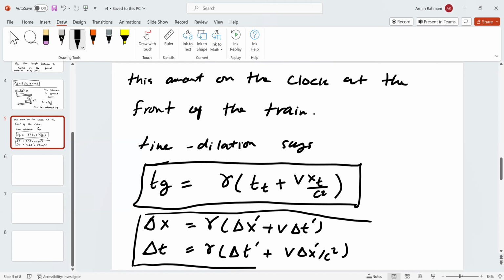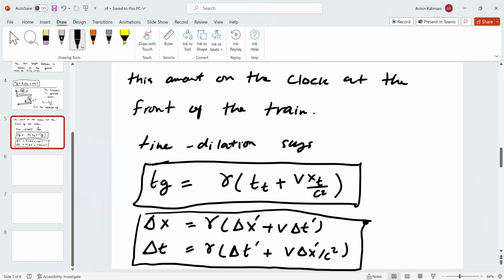They relate the times and distances between two events as measured by two different observers that are in two different reference frames.